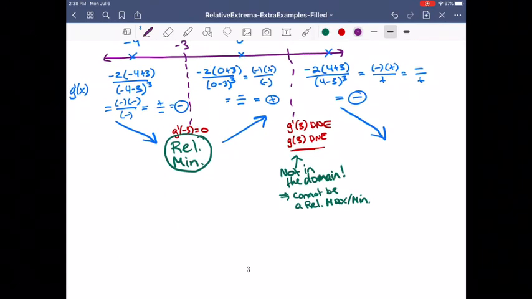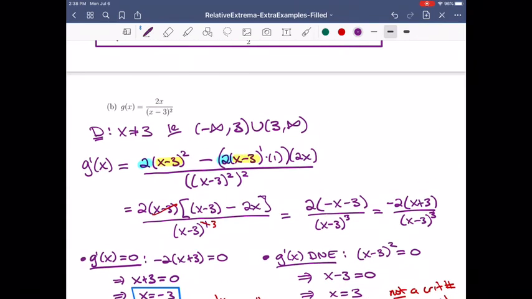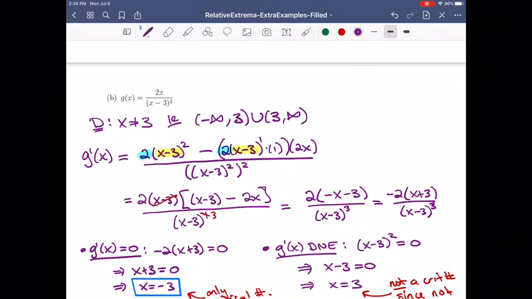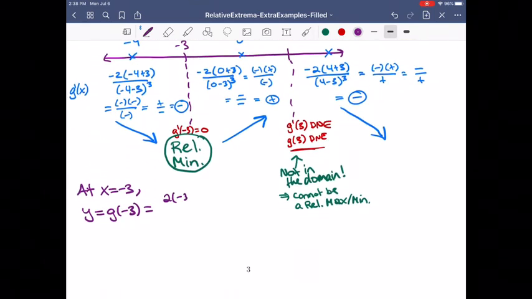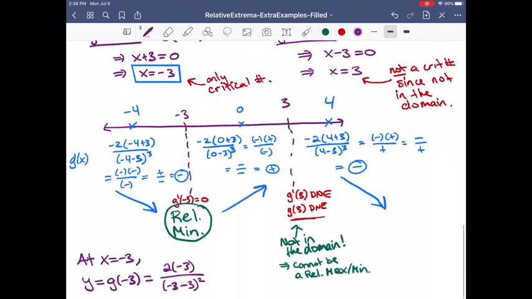So we want to find the y value. At x equals negative 3, the y value is g of negative 3, and our function was 2x over x minus 3 squared. So it's going to be 2 times negative 3 over negative 3 minus 3 squared.